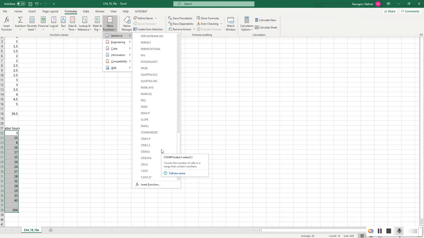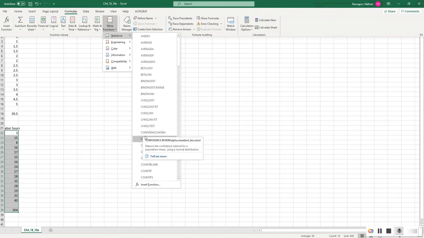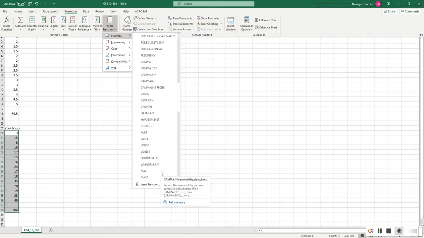I wonder, as I often do, I wonder. Nah, there's confidence, forecast, gamma, a lot more statistics than we're ever going to get into.